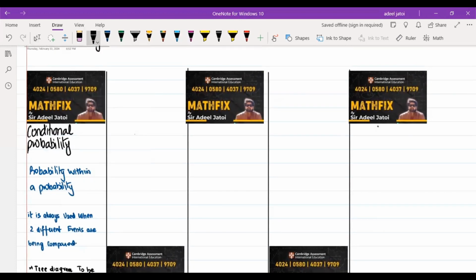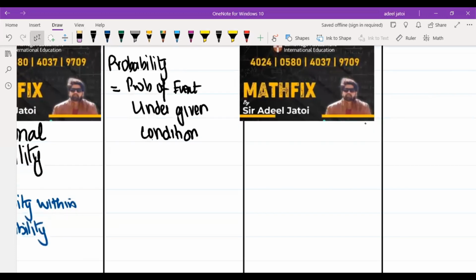Let's say the formula is: probability is equal to probability of an event under given condition upon probability of the given condition.